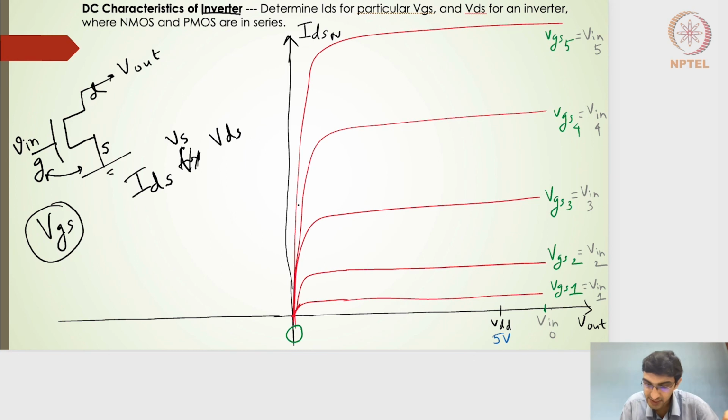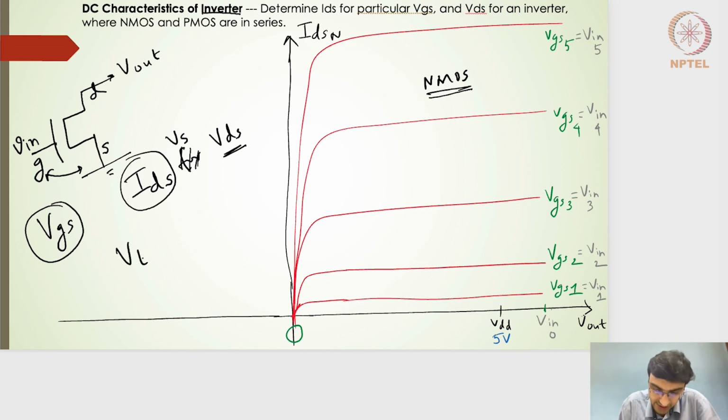So this is nothing but a standalone NMOS transistor's profile. Given a fixed input, what should be the IDS for different values of VDS? So this is what I have drawn: the linear region, saturation region, linear region, saturation region, for different values of VGS, right?